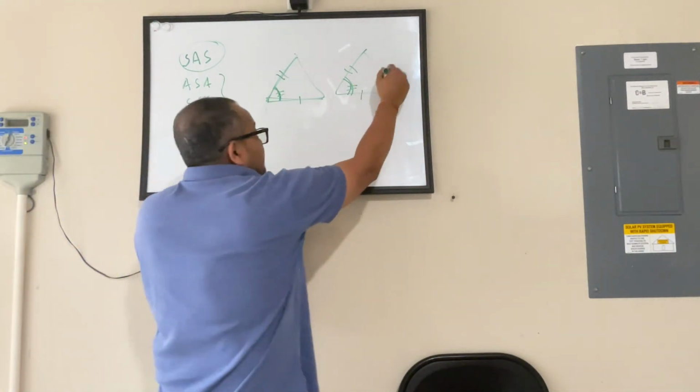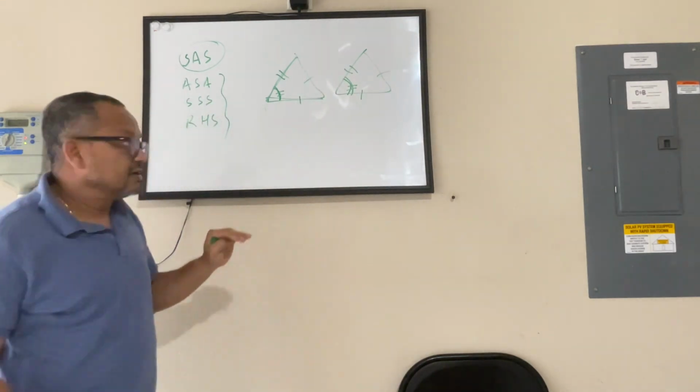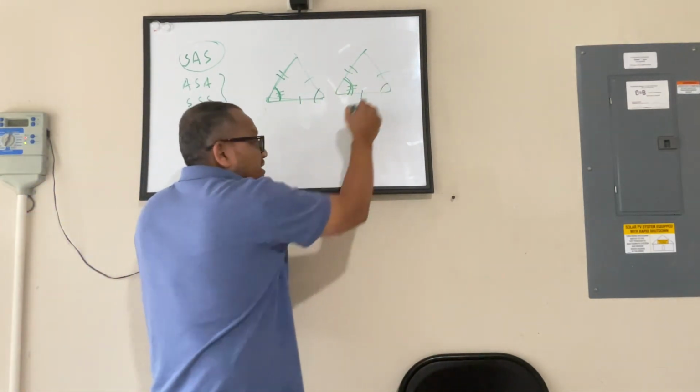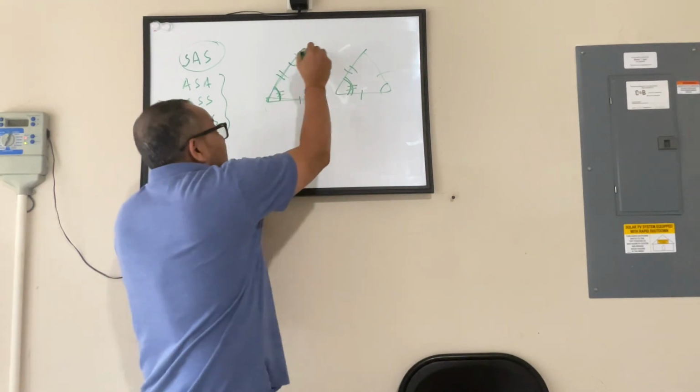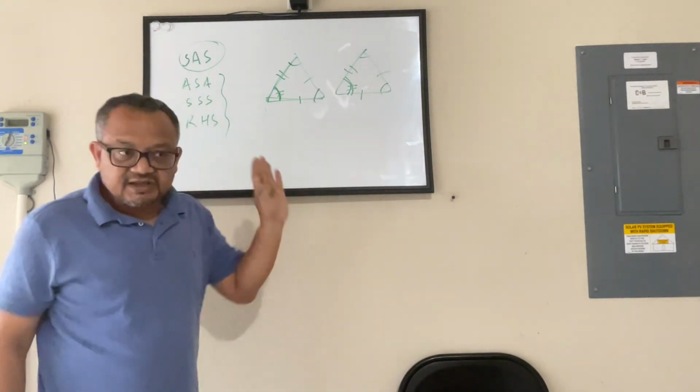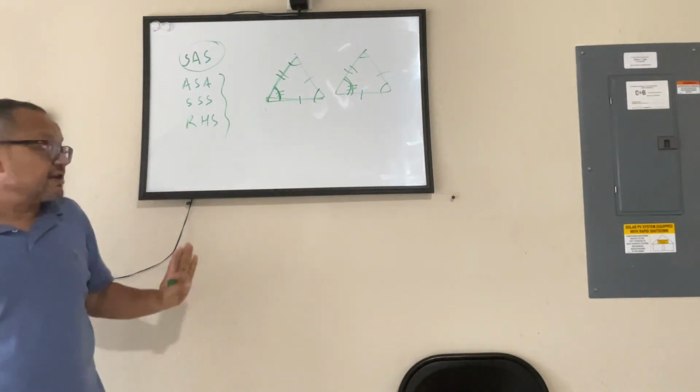This side will be same as this side. This angle will be same as this angle. This angle will be same as this angle. This one you don't have to prove, so let's not waste any time.